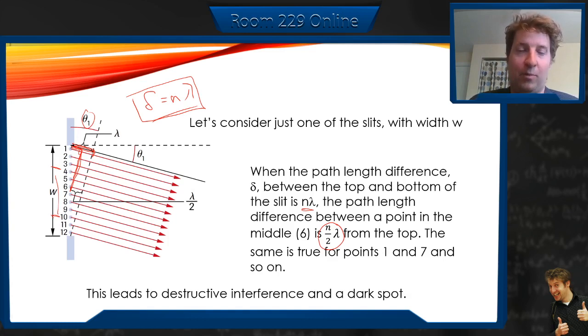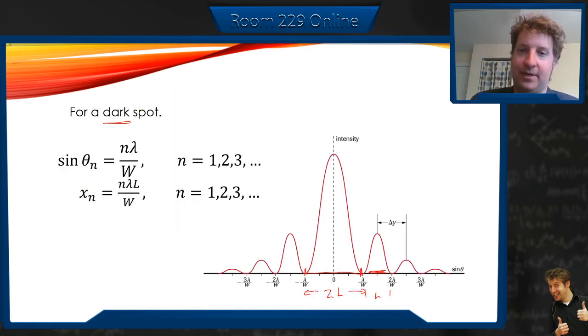But the point of that is this leads to there being a dark spot at n lambda. So that first lambda difference has a dark spot. So it's basically like double slit diffraction, but everything has been shifted outwards by n lambda over 2.